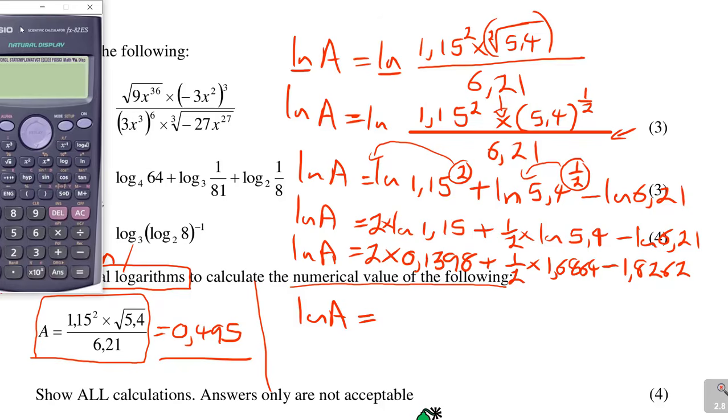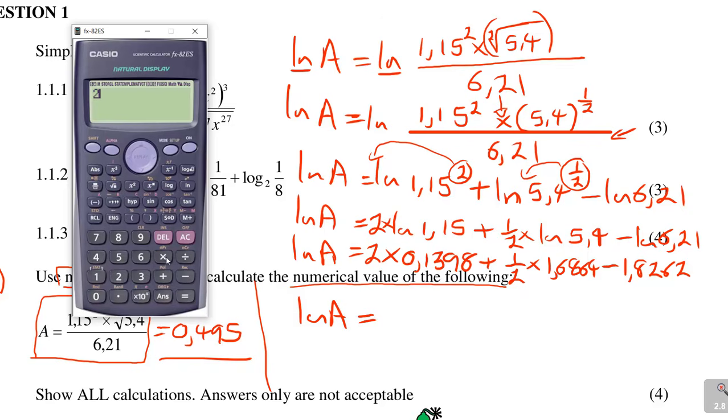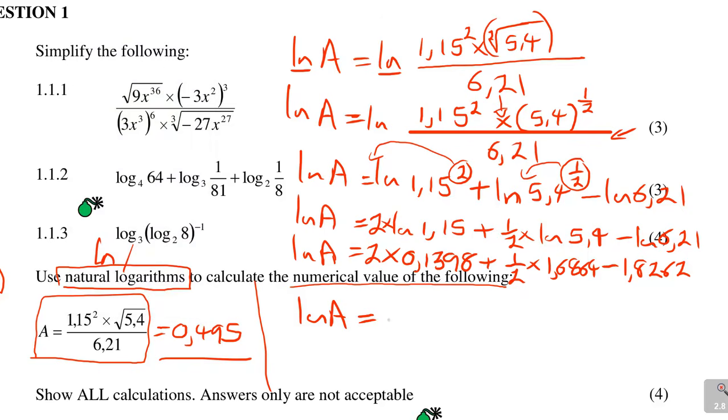I think you can see I'm still relying on the calculator, but I'm using the laws. So 2 times 0,1398 gives me 0,2796. But actually, let me not make this thing too long out of nothing.